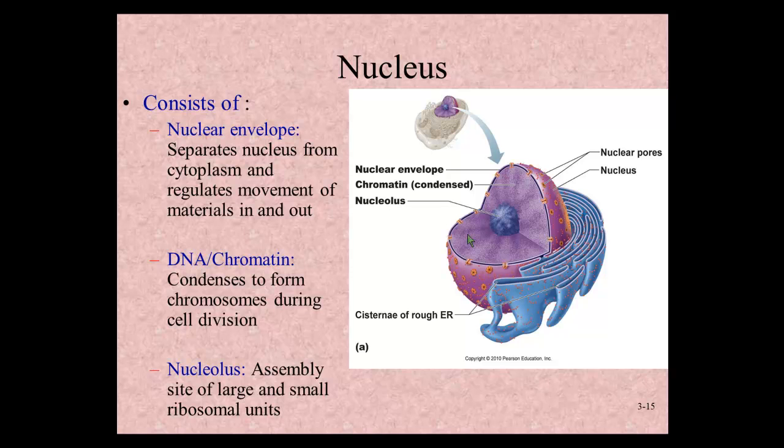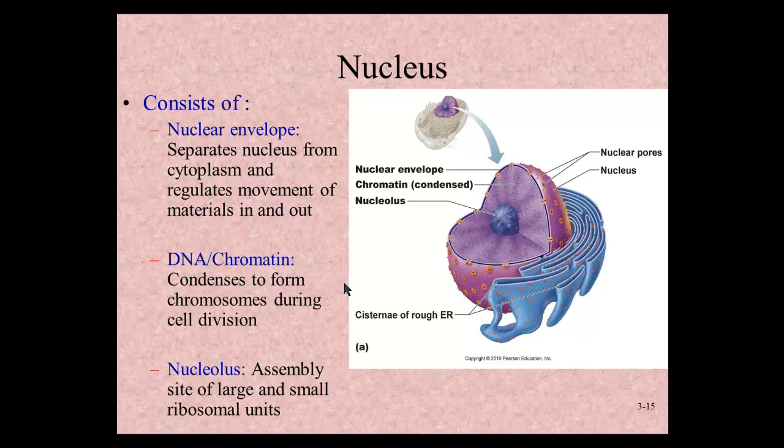So essentially the nucleus is just a space in the cell surrounded by a membrane called the nuclear membrane, which contains DNA and this smaller organelle called the nucleolus. The function of the nucleolus is to make ribosomes, and we'll talk about those in a little bit. So the nuclear envelope is very important to contain this DNA, because DNA never leaves the nucleus in our cells. It remains housed within the nucleus. And again, the nucleolus is in charge of making ribosomes.